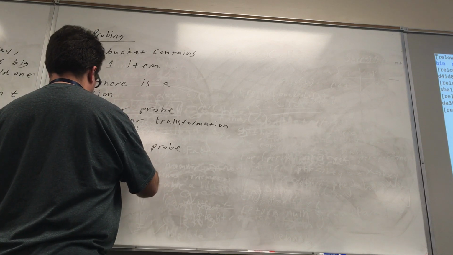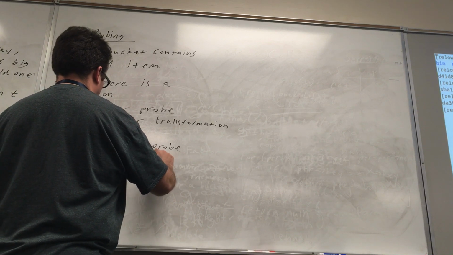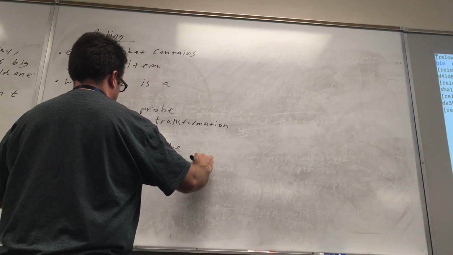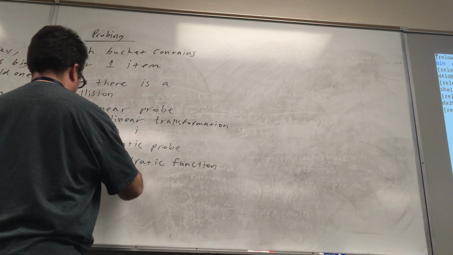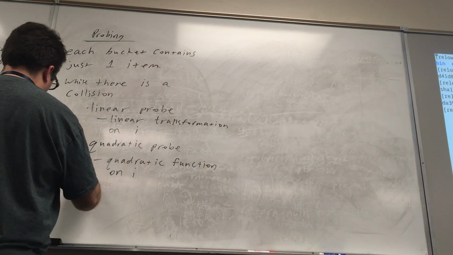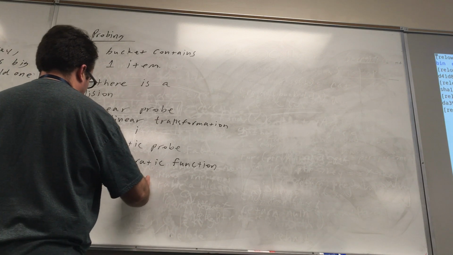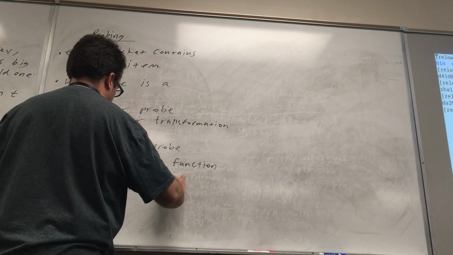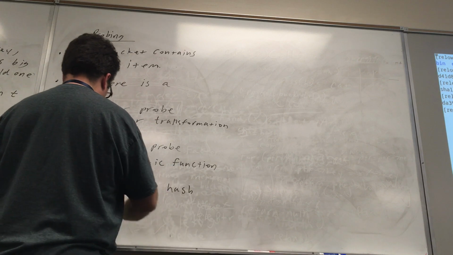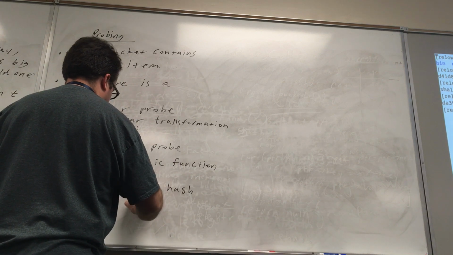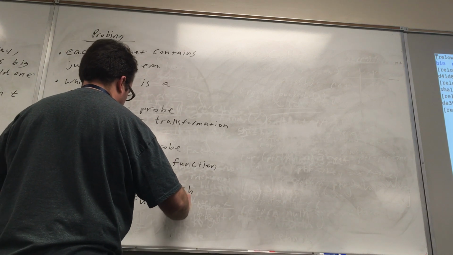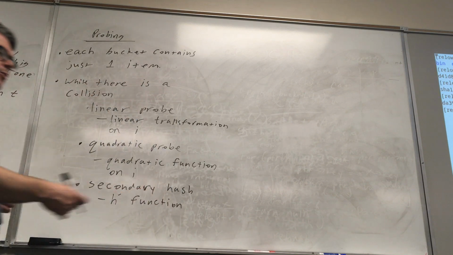So this would be a quadratic function is applied. Or we might do a secondary hash. So this would be an H prime function on the original data set.